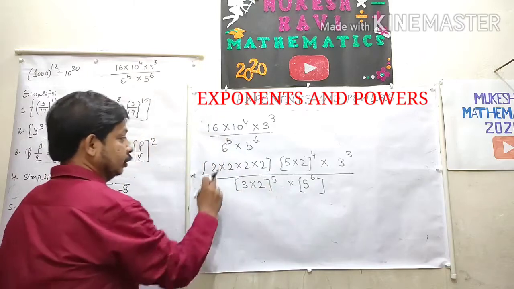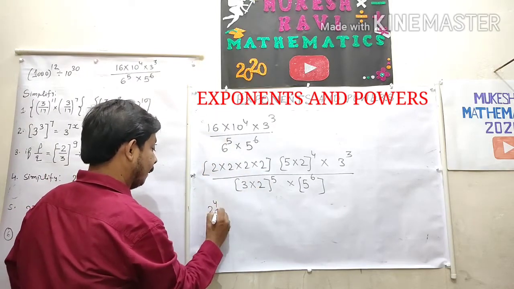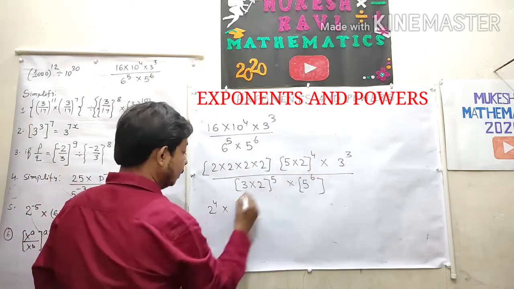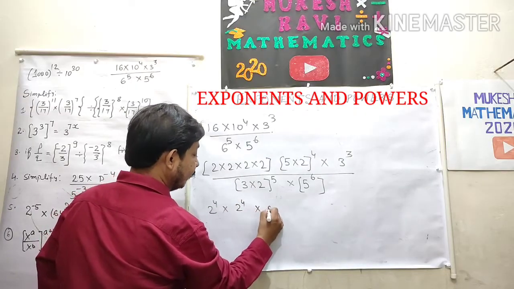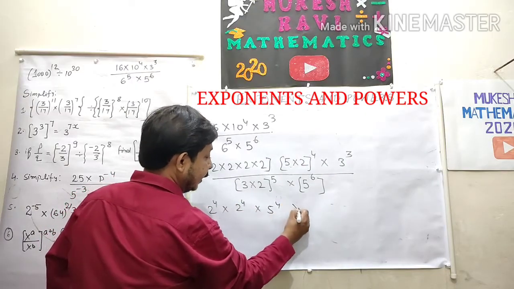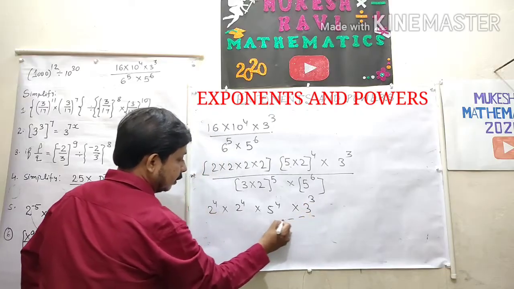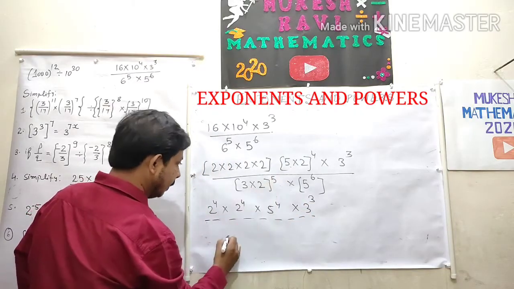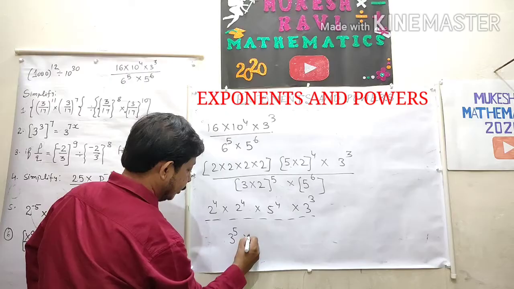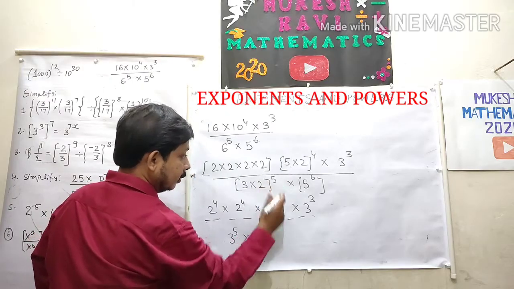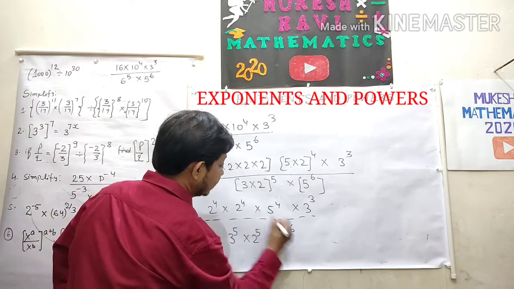Now you check: 2 to the power 4, multiplied by 2 to the power 4 and 5 to the power 4, and 3 to the power 3, over 3 to the power 5 into 2 to the power 5, multiplied by 5 to the power 6.